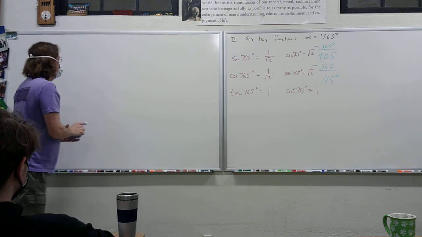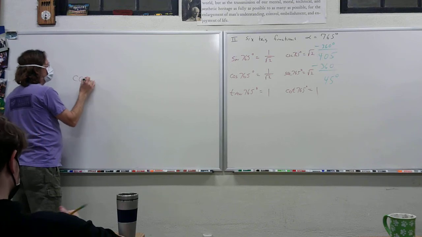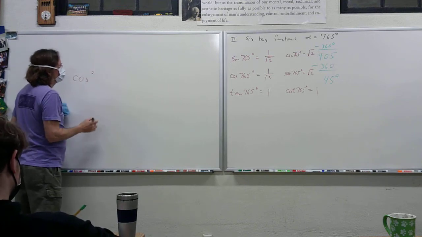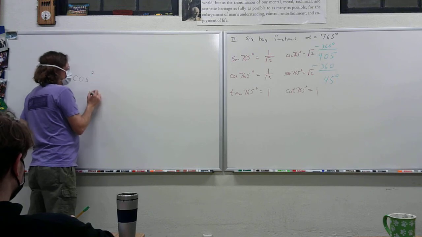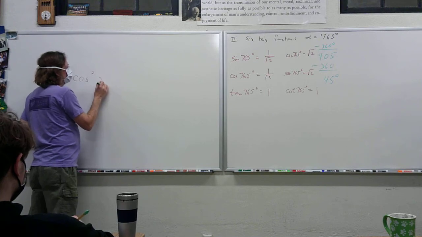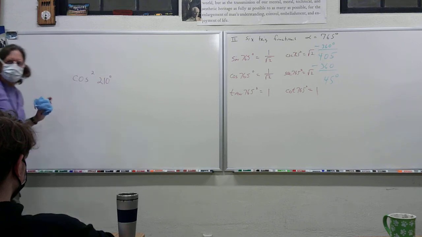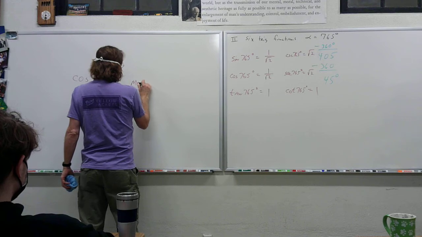If you see cosine squared of 210 degrees, what that means is this.